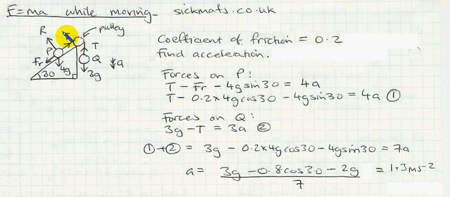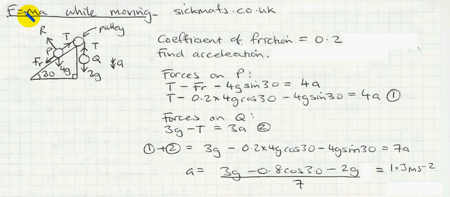It's at 30 degrees, this slope, and just by looking at this 4g, you should know that the mass of the particle is 4 kilograms, and that's why the weight shown by this arrow is 4g. The weight is a force, like F equals ma.